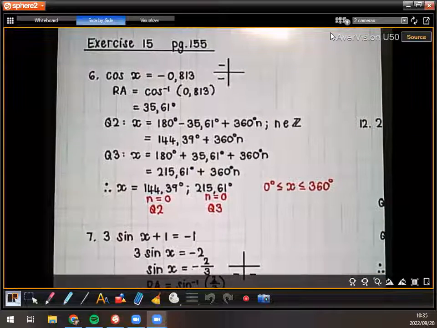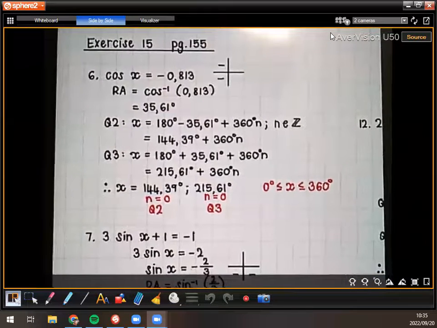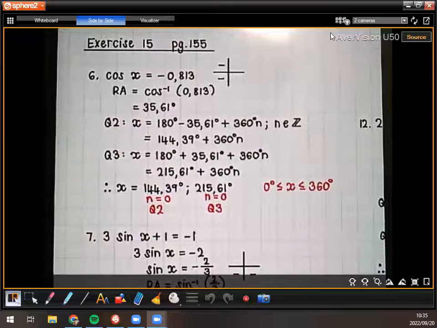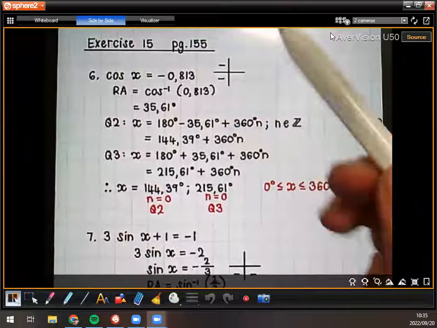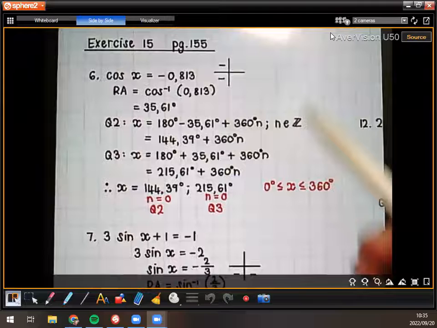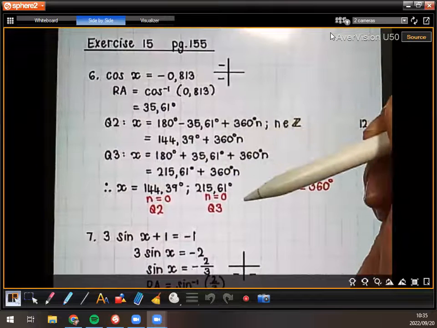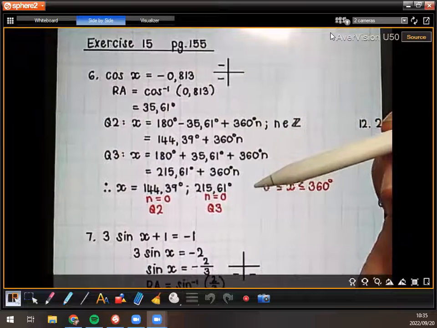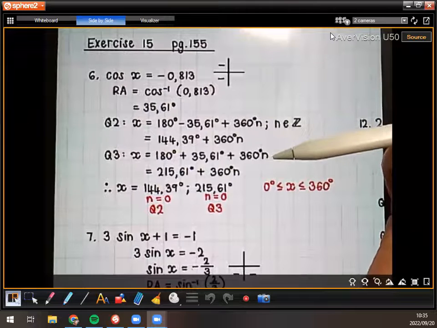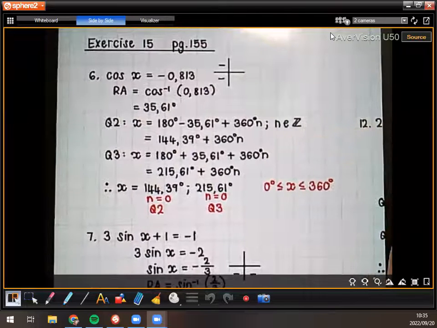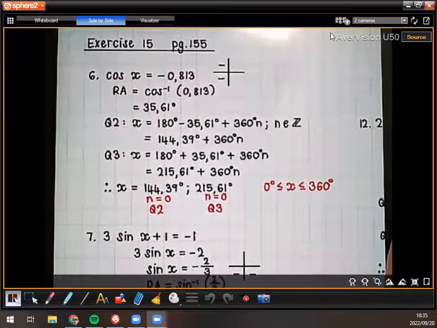And again, if you make n equal to 1, it's too big. If you make n equal to negative 1, it's too big. So those were the only two answers. In this case, guys, please remember you have to always first do the general solution and then get your specific. From what I saw now, we did that. Yeah, all the time.